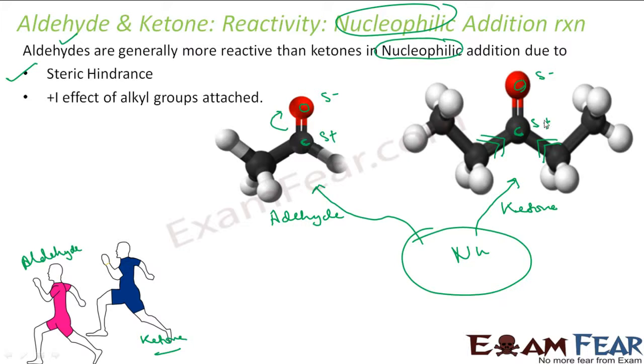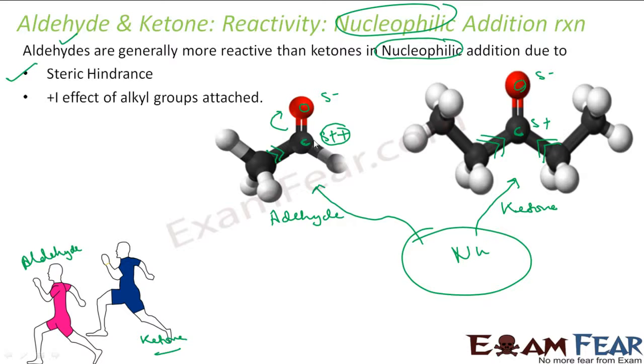So this positive charge is not that great. But in the aldehyde, the carbon has only one alkyl group attached. Hydrogen doesn't provide electrons. So in that case, it has more positive charge on this carbon.